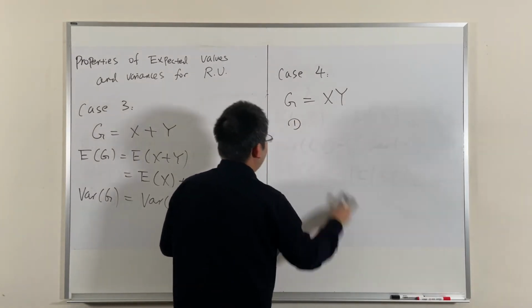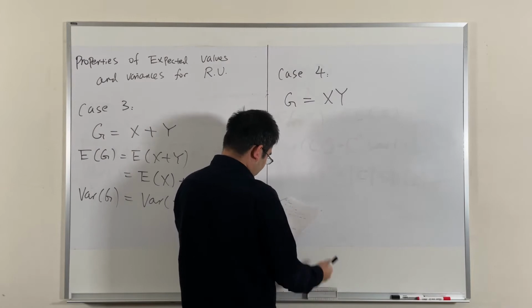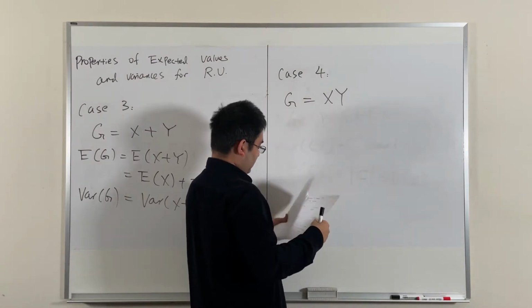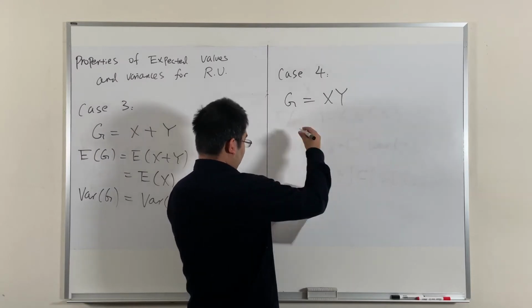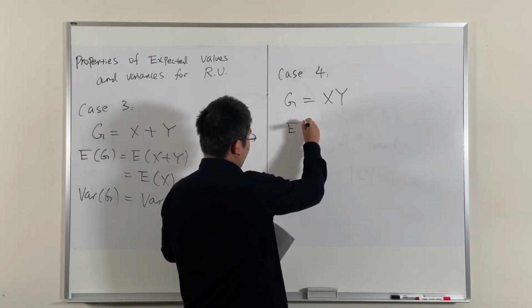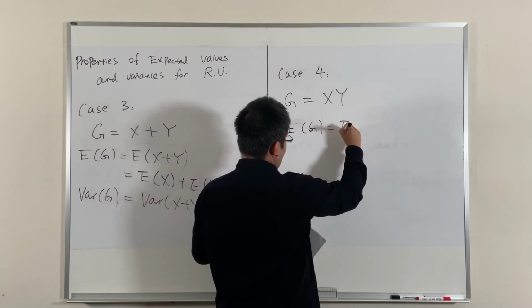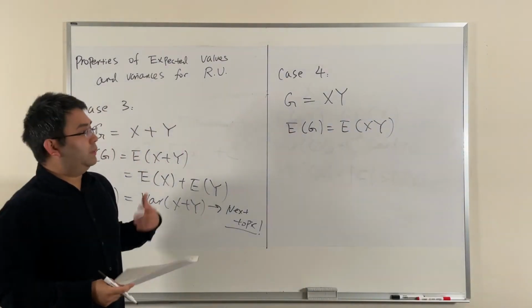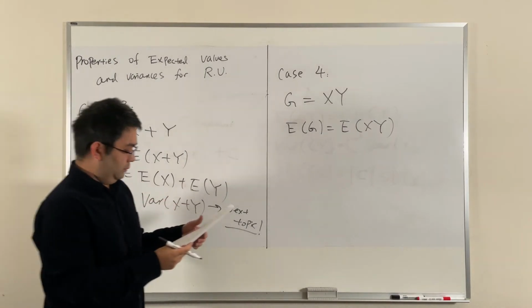Now let me denote what we want to find first: the expected value of g equals the expected value of x times y. There are two subcases we need to consider.